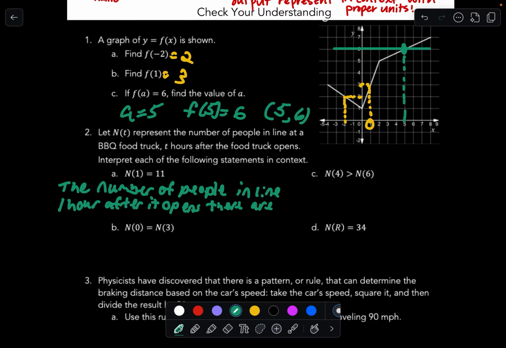N of 1 is 11. There are 11 people in line. A lot of words to describe this. That's what's contained in that simple notation.